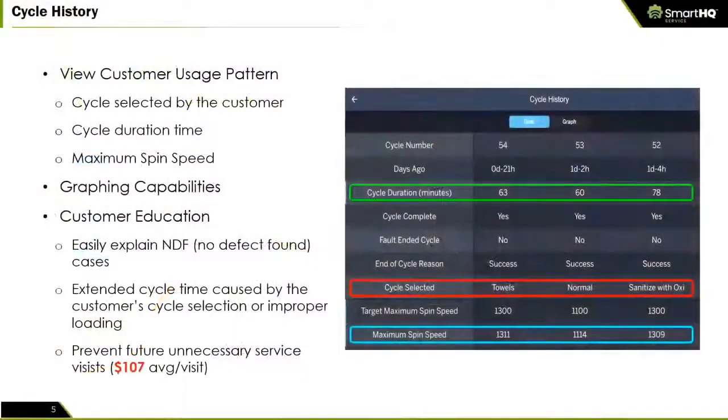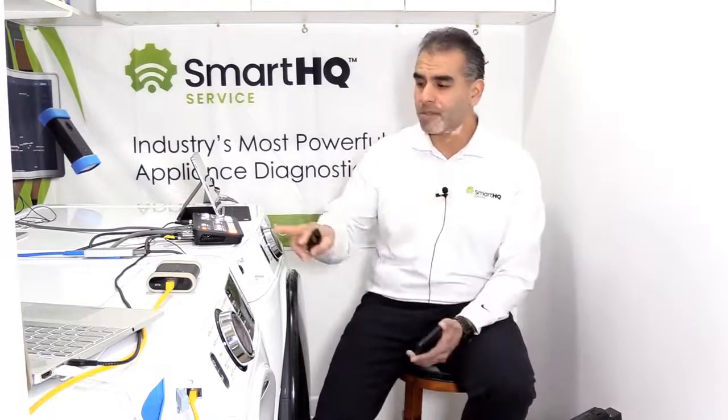So for example, here in the normal cycle, cycle number 53, the target maximum spin speed is 1100, and we can clearly see that the basket actually reached 1114 RPMs, which means it not only met the requirement, it exceeded it. So if your customer is telling you that the clothes are coming out wet, that's at least not for that cycle, because I can assure you, if the clothes are being spun at that speed, they're almost going to come out dry. I've seen it many, many times.